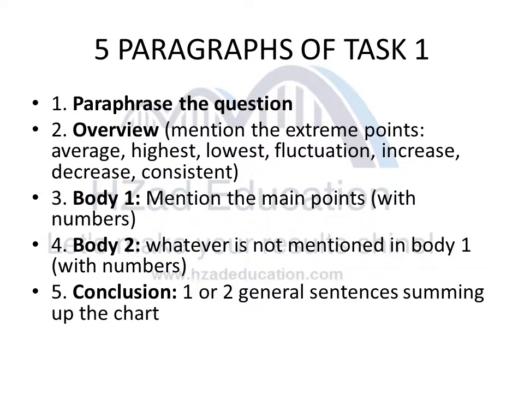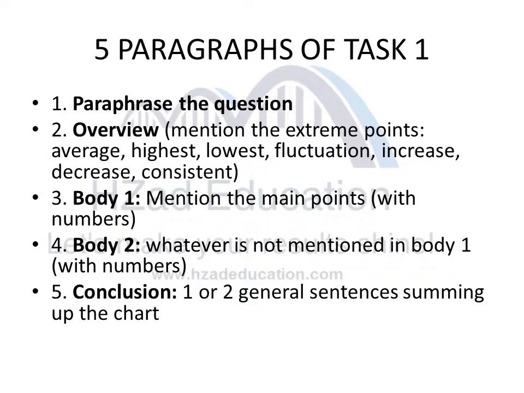Paragraph 2 is the overview, where we give a very important picture of the whole chart. I don't mean that you're going to say anything general. Make sure you remember that. Don't say anything general. For example, if the chart shows increases or decreases in numbers overall, you're not supposed to mention that.